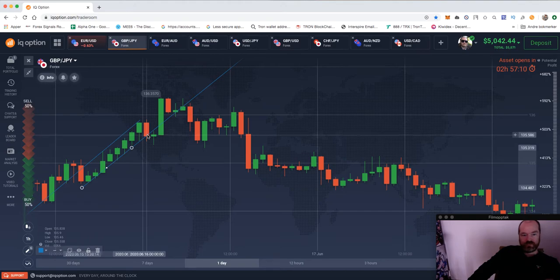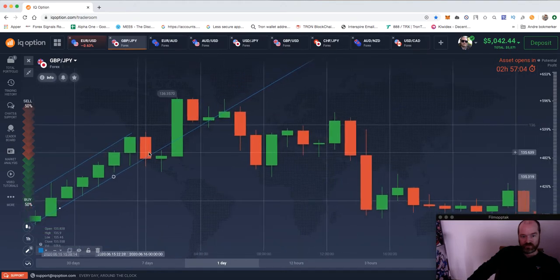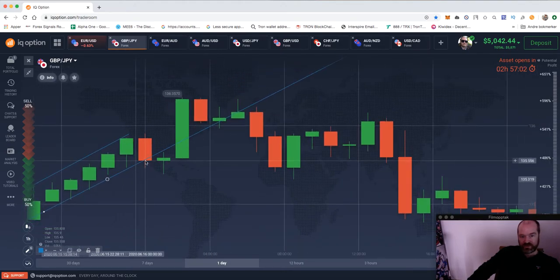This one, you see, I will not call this to be close to that side because if you zoom in now, here we are exactly on it, right? But here we did close that side. So in this case, and this was very good to see because we need to find both ways that we can lose on this trade.